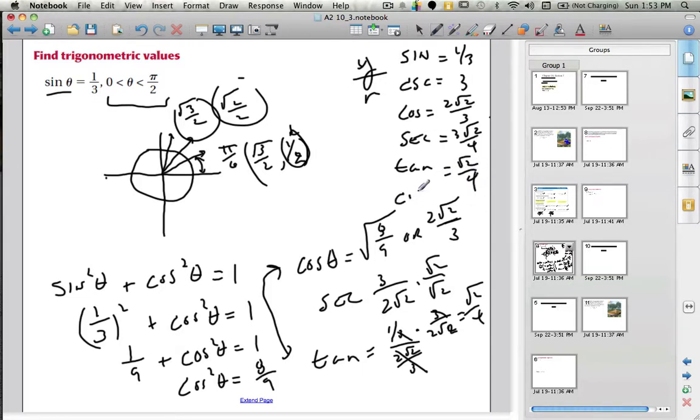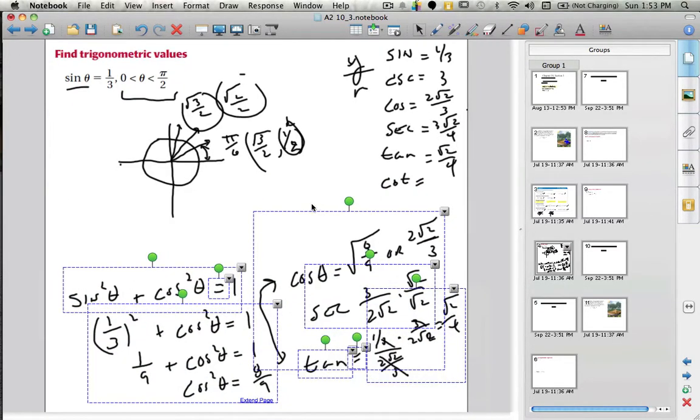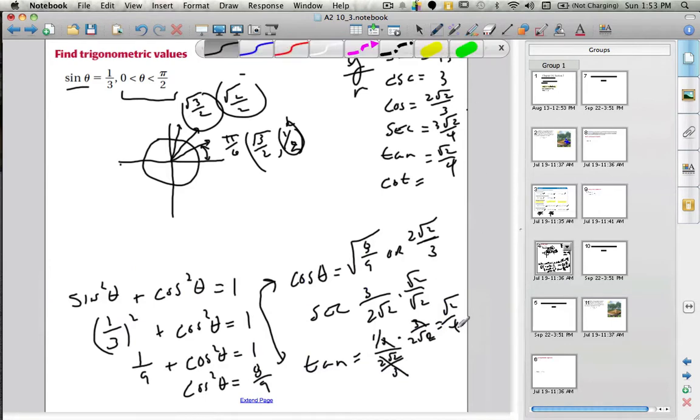And then cotangent will be the inverse of that. So I can go back to this 3 over 2 root 2. That'll be 2 root 2 over 3. Again, let me make a little more room. Right, so remember, at this point, everything after this was me rationalizing the denominator.